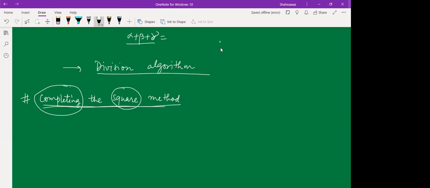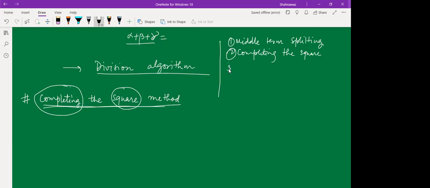We learned about the first method, which was middle term splitting, right? This method now we know well. And the second method for the solution of the quadratic equation is completing the square, right?